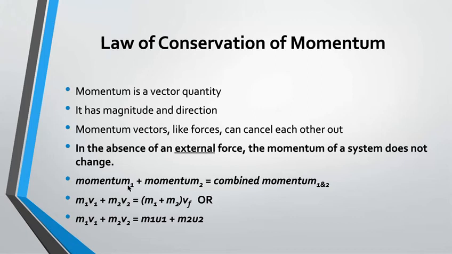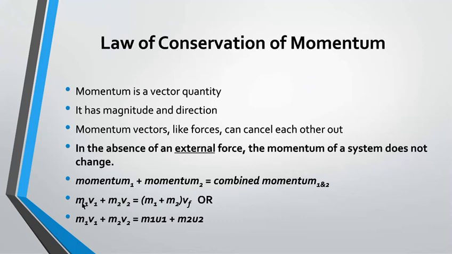So momentum of the first object plus momentum of the second object will be equal to the combined momentum of these two things when they strike each other. दो ऑब्जेक्ट्स हैं, मूव कर रहे हैं, एक तेज है एक स्लो है, ये दोनों अगर आपस में टकरा जाते हैं तो टकराने से पहले इनका जो मोमेंटम था वो टकराने के बाद भी उतना ही रहेगा, उन दोनों का कंबाइंड मोमेंटम टकराने के बाद और टकराने से पहले दोनों इक्वल होंगे. दिस इज कॉल्ड लॉ ऑफ कंजर्वेशन ऑफ मोमेंटम.